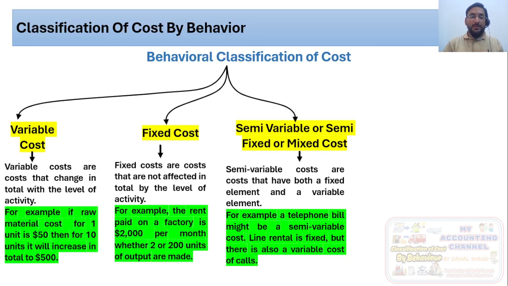An electricity bill can also be an example, and the remuneration of a salesman or sales representative can also be considered as an example of semi-variable, semi-fixed or mixed cost, as his remuneration includes a basic salary which is fixed plus the commission which is paid on the number of units sold.